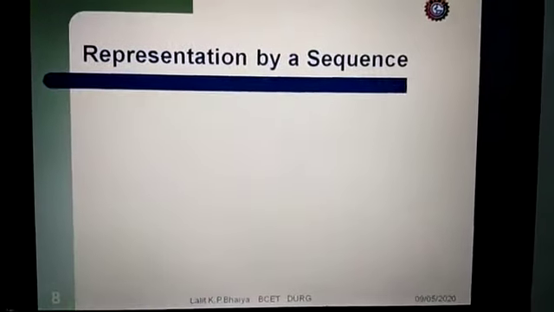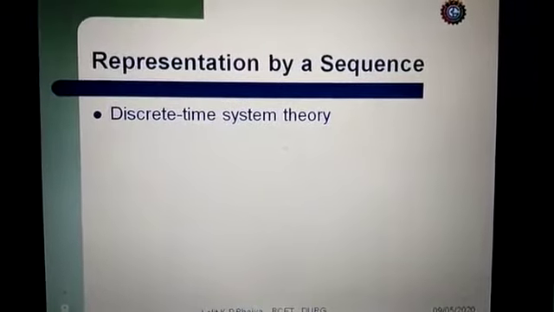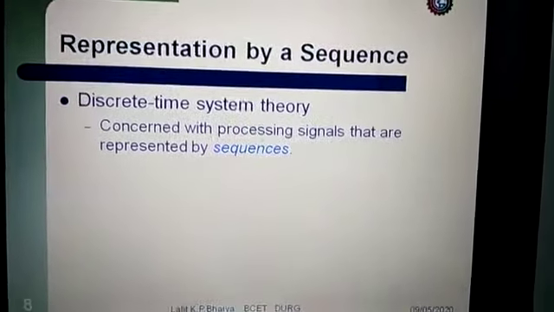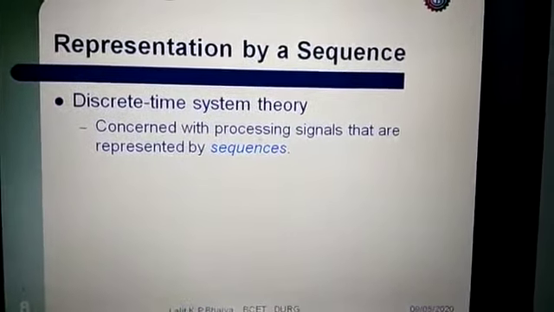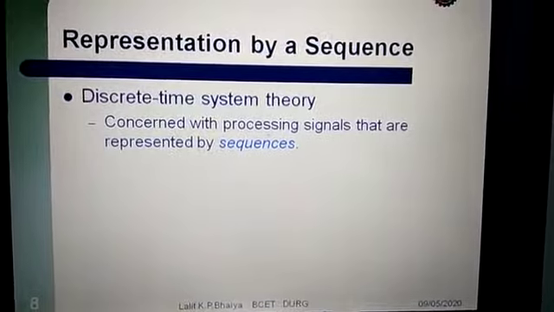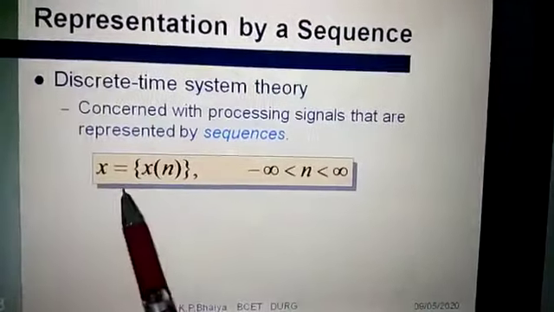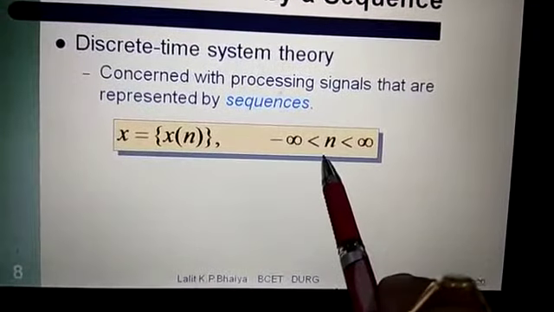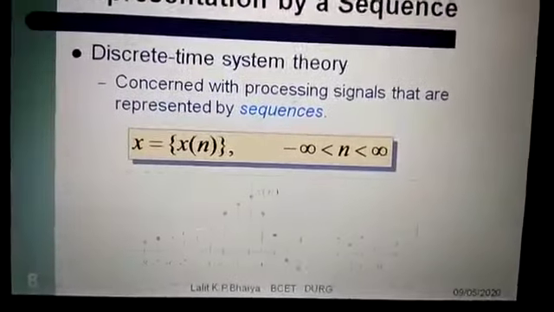Discrete time sequences are represented by x of n. This is called the representation of discrete time sequences. We are concerned with processing signals that are represented by sequences. You can see here this x is represented by x of n, where n is greater than minus infinity and less than infinity.